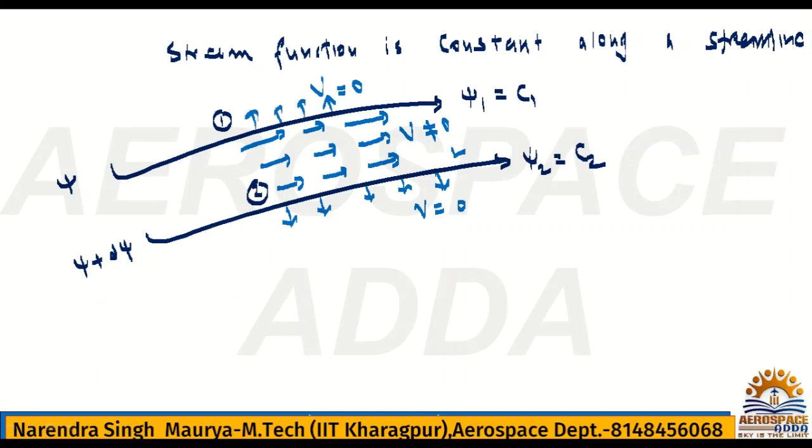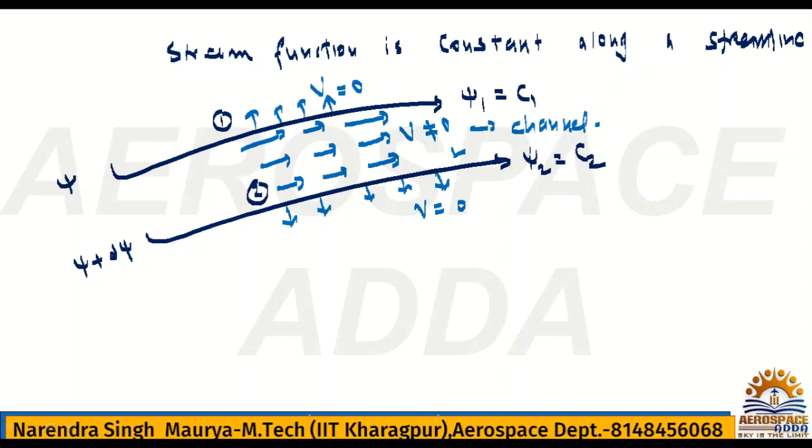So it is just like a channel. Now you have a channel, so along the streamline there will be flow. Now we are having two streamlines, psi1 and psi2, so definitely it will be like one channel. Between two streamlines there will be flow.